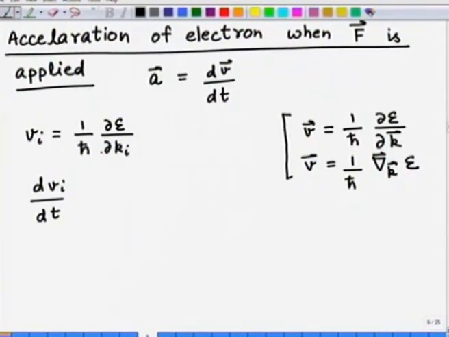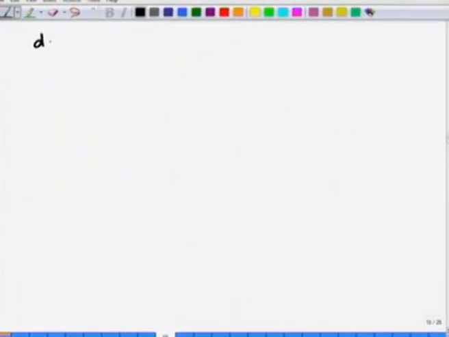So I will write dv_i dt as equal to 1 over h bar d dt of del E by del k_i, and therefore we are going to take the total derivative of it.